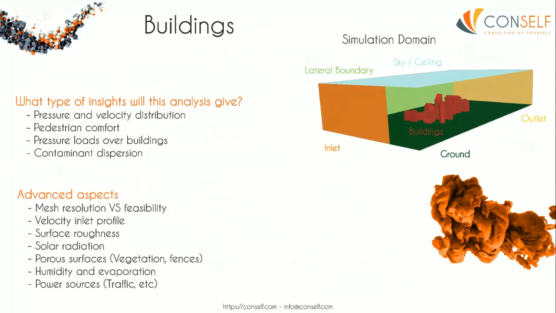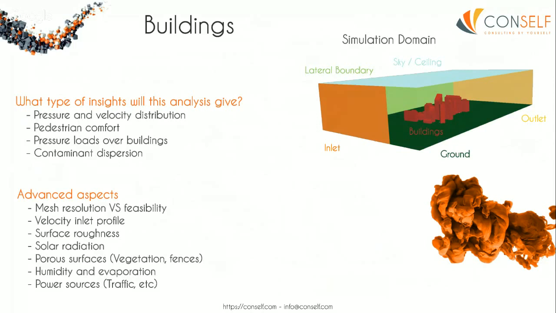So let's focus on what type of insights this analysis will make available. Basically, we are able to see how pressure and velocity distributions are obtained when the wind interacts with our buildings. And so we can evaluate the pedestrian comfort as well as the pressure loads on our buildings.